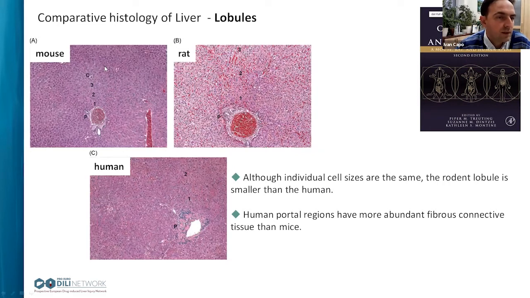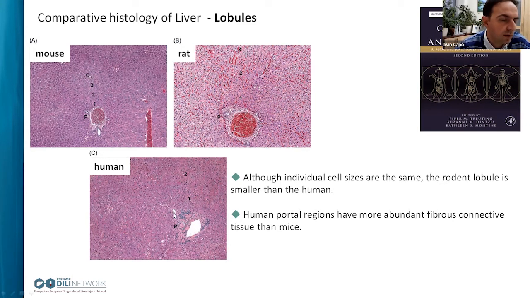When we look histologically, they appear similar, but the structures, like primary lobules, are smaller in the rat and the mouse compared to the human.